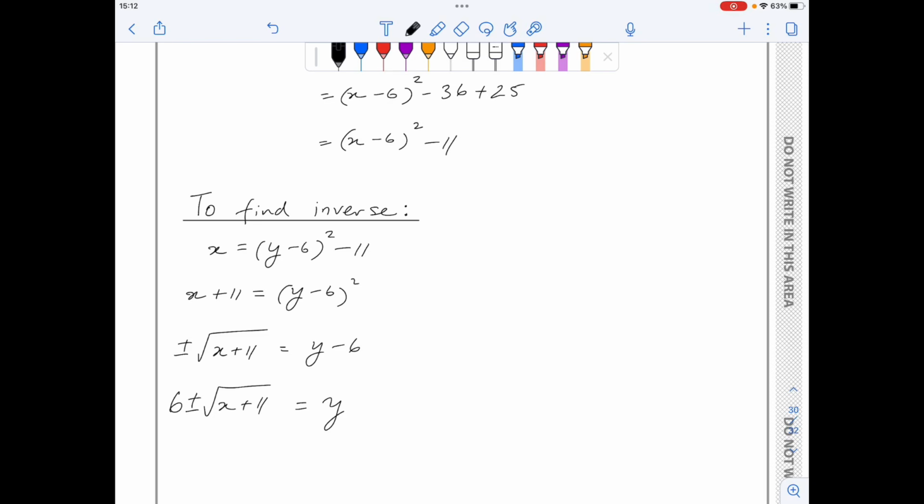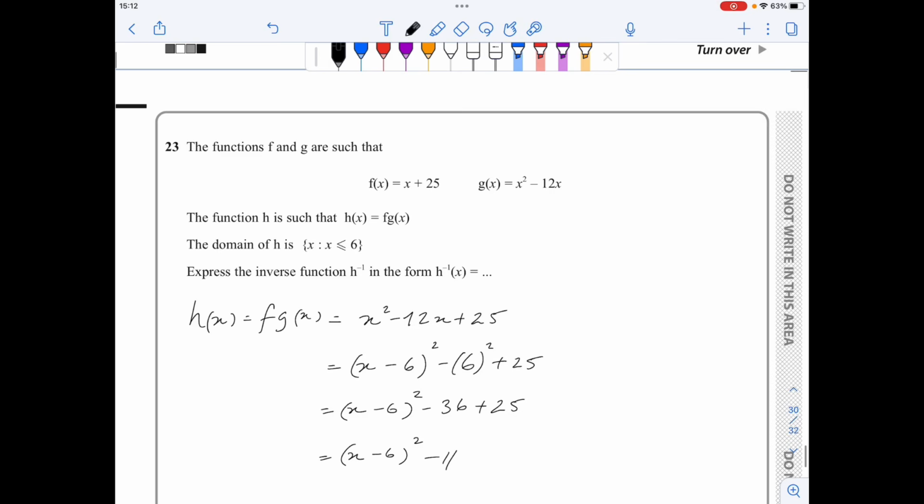Now I have to make a choice between the plus or the minus. To make this decision, I'll go see the domain of function h. And this is all the x values less than or equal to 6. Now the domain of h is equivalent to the range of the inverse of h.